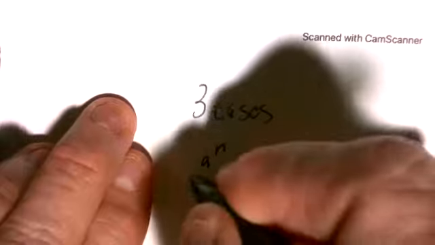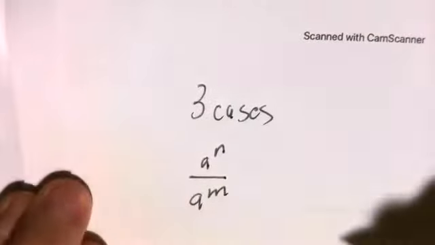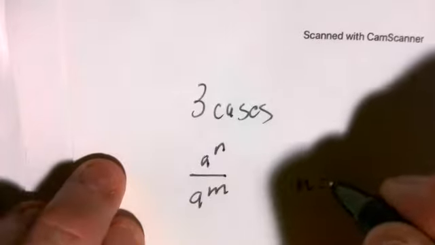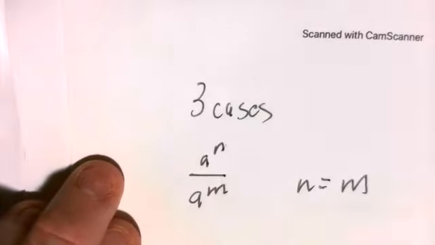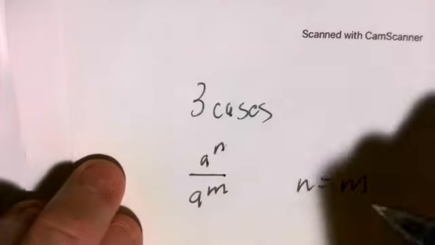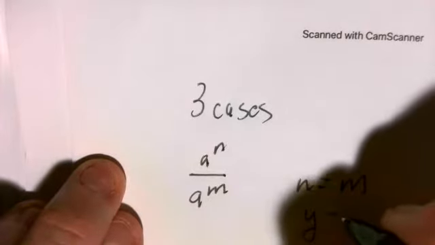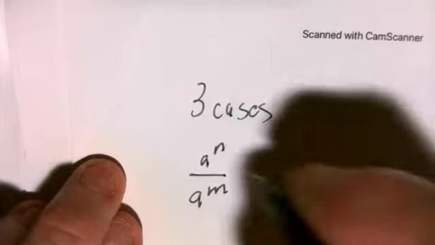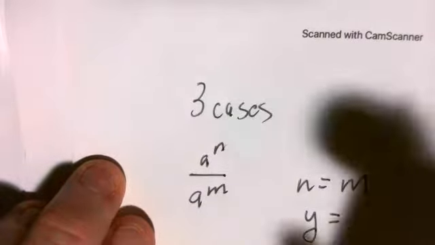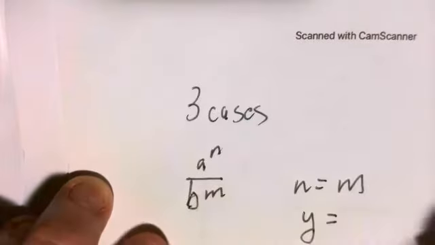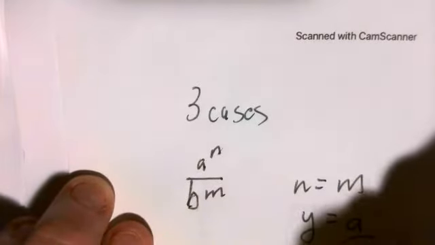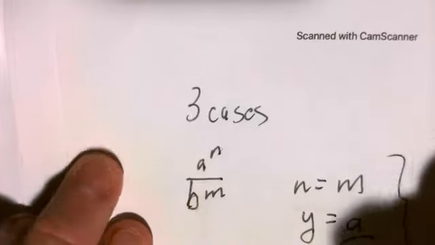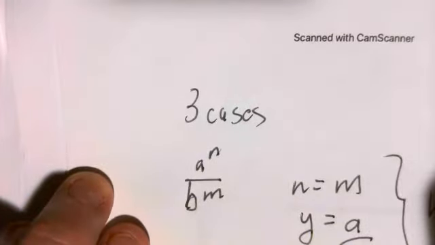So remember, we take the leading terms, and if n equals m, so if the exponents are the same here, then it's going to be y equal, and these won't necessarily be the same number, so I should say b right here. So it will be a over b. And remember, a horizontal asymptote is a horizontal line.